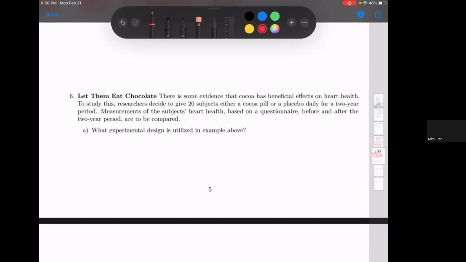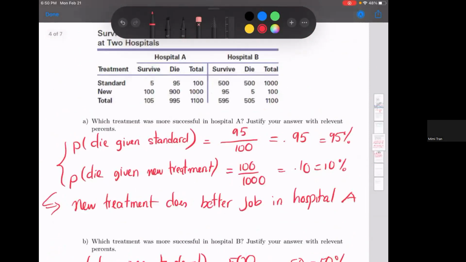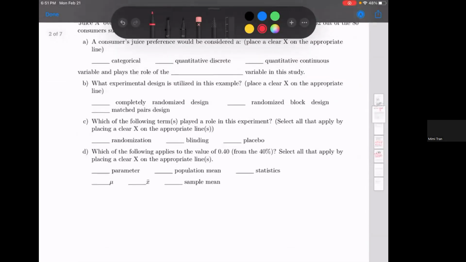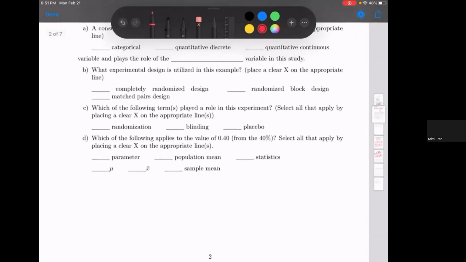Complete block design. I didn't know how to write randomized block design and matched pair design. Three of these.